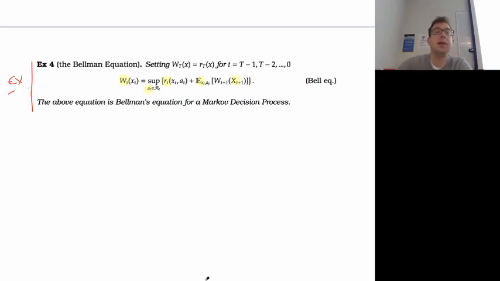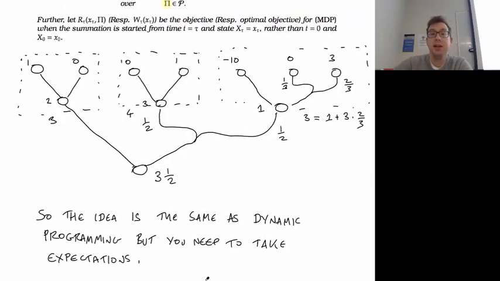And that was exactly what we were doing in this picture here. We're saying, if I'm here, I expect to make 3. You're not certain to make it, but you expect to make from this point. So you're inferring from this point the expected value of the path you're going to take to the optimal reward.